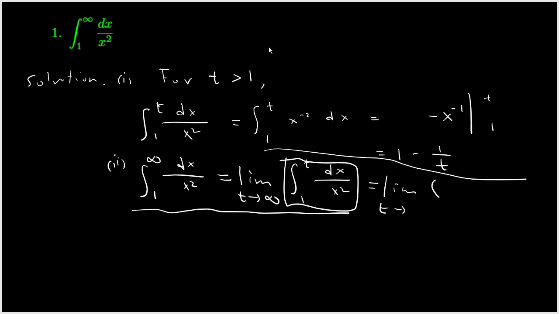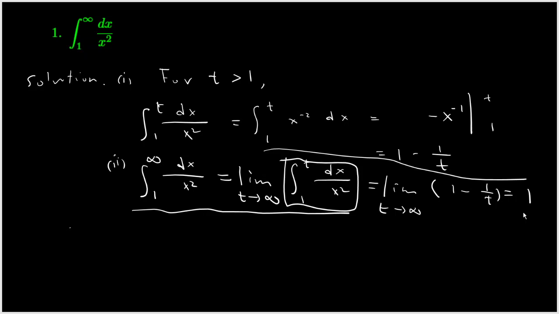So all we need is to take the limit as t approaches infinity of the function 1 minus 1 over t, right? We have seen the limit is 1. Because 1 is a finite number, the integral converges. Again, when you see a finite number, you say the integral converges, or you say the integral is convergent.